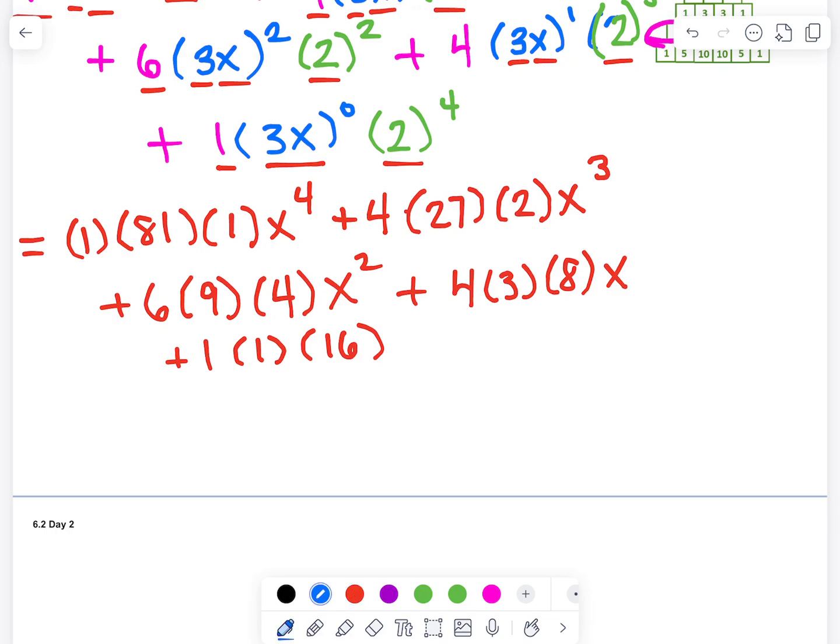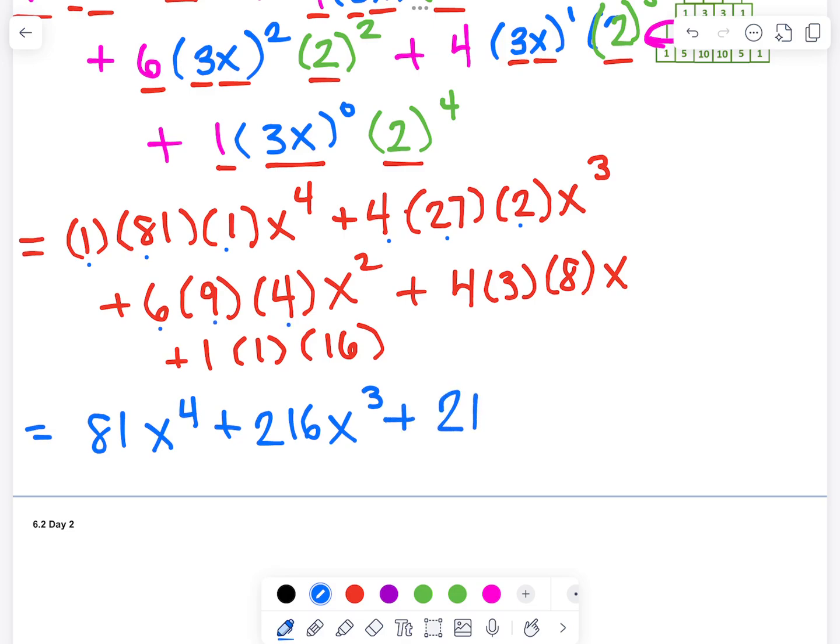Then we multiply again. 1 times 81 times 1 is 81, and then x to the 4th. 4 times 27 times 2 is 216, x cubed, and then 6 times 9 times 4 is 216, x squared. 4 times 3 times 8 is 96x. 1 times 1 times 16 is 16.